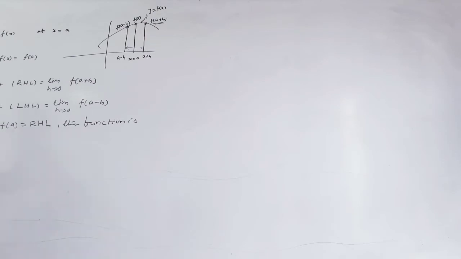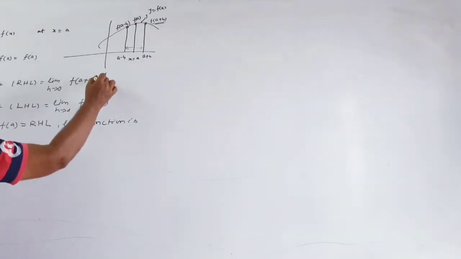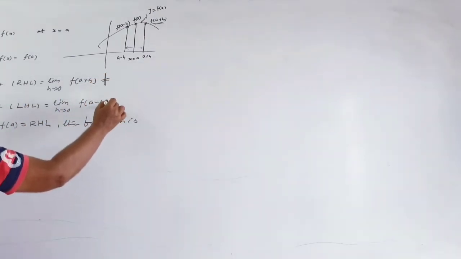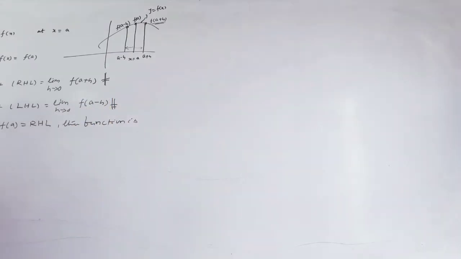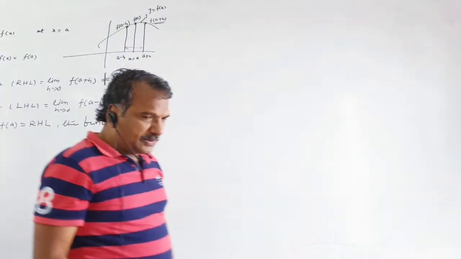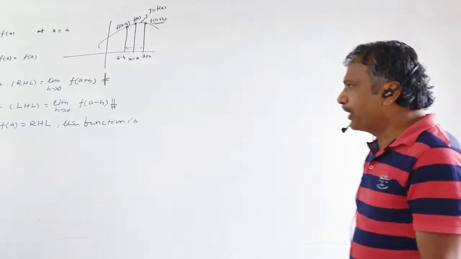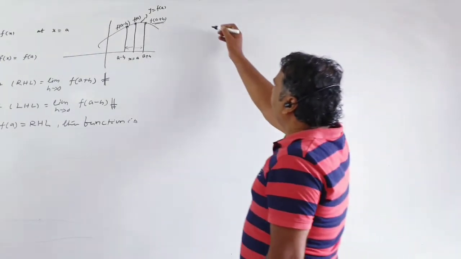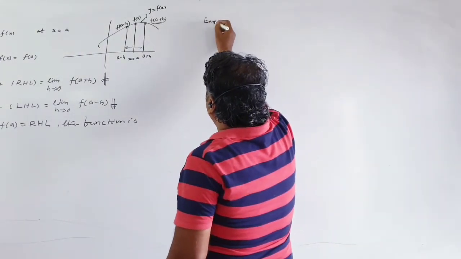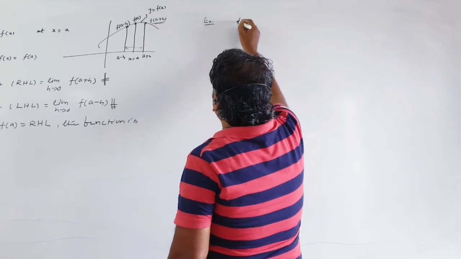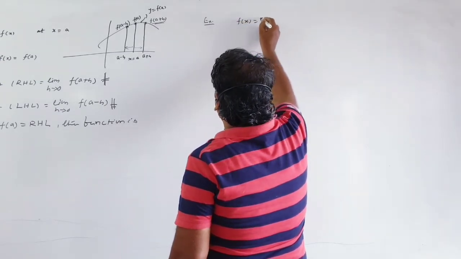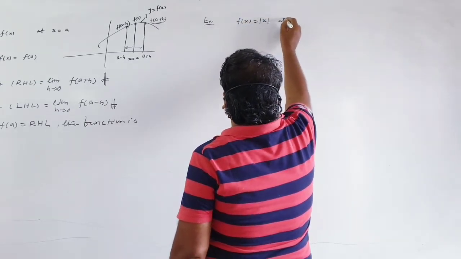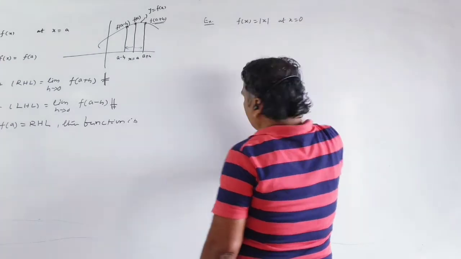This is very important: the right hand limit and left hand limit, all three are equal, then you say that the function is continuous. Now for example, suppose f of x equals mod x at x equal to 0.